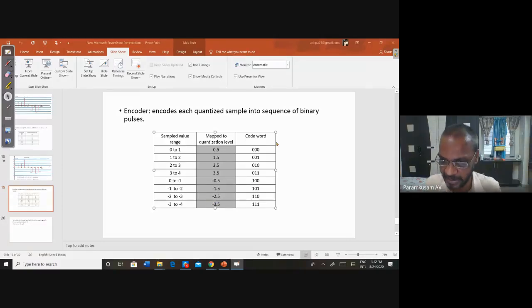So the encoder will convert these quantization levels into binary numbers. So after encoder we will have the numbers, that is purely digital binary signal. So this is about pulse code modulation.